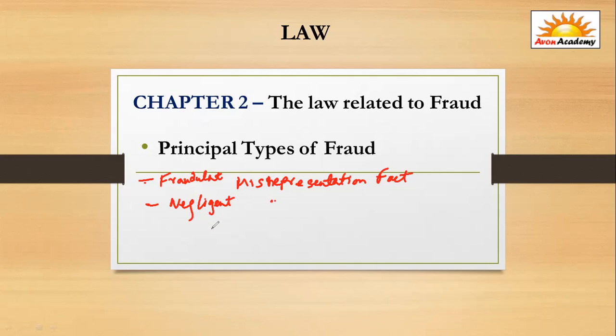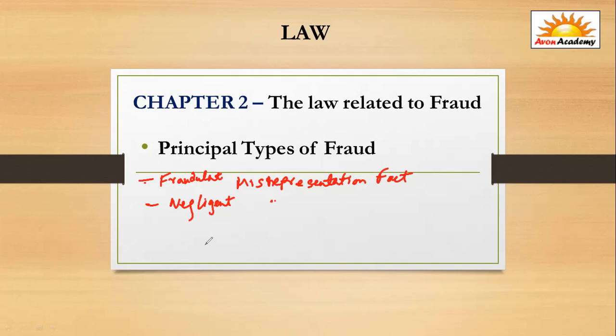Probably you must have encountered in your family that you give a responsibility to another family member while you are leaving the house, stating that these are the things you need to do, but sometimes due to certain reasons they overlook it. So that is negligence. They do not have any intention, but it is a result of negligence.